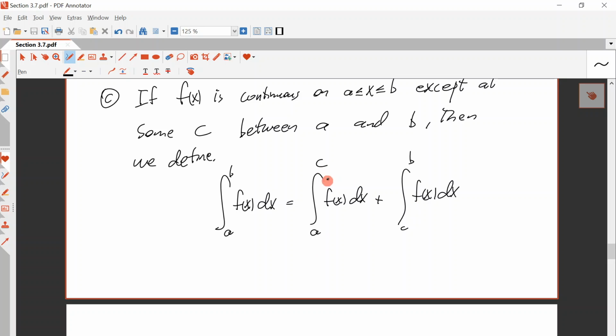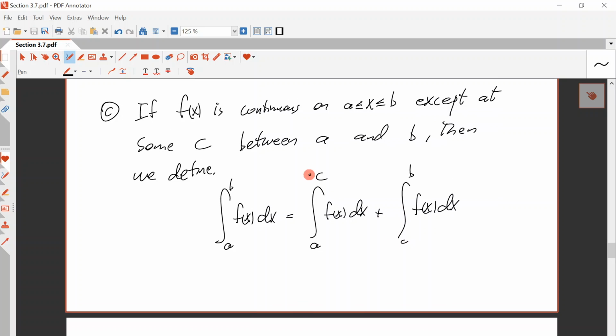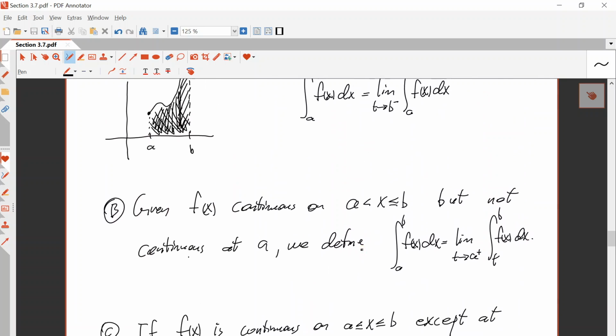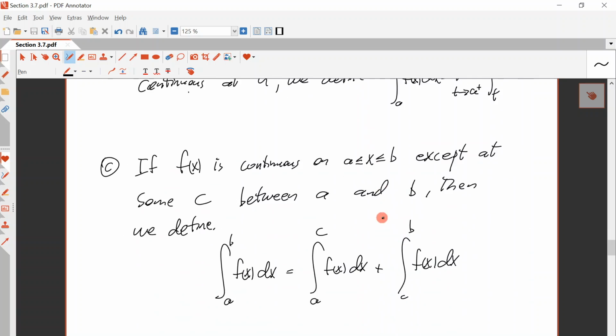So in this manner, we have put the discontinuity at the end of the integral again, so we can use the techniques for a and b at that point.